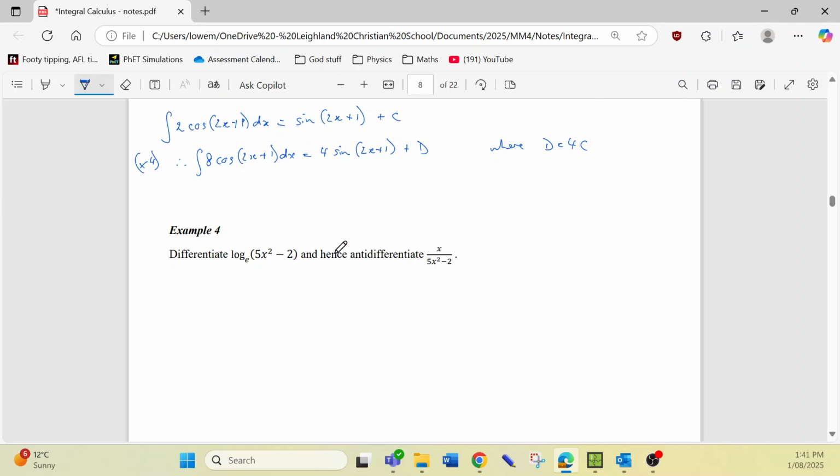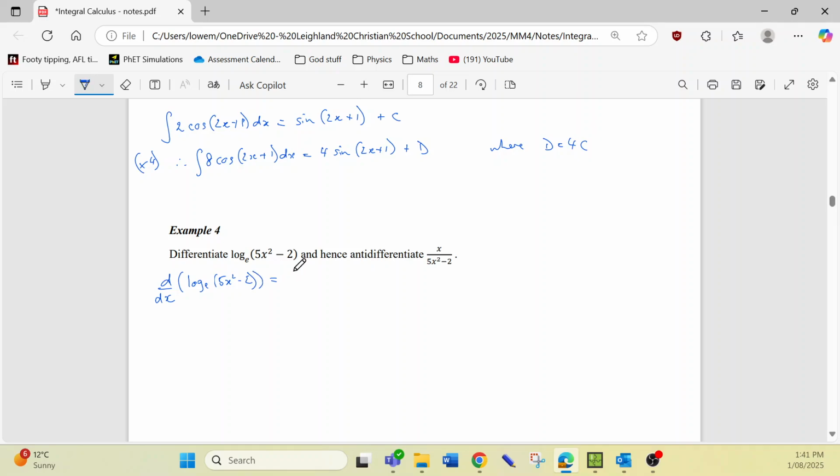Okay, so here we've got this one here. We want to differentiate log base e of 5x squared minus 2. So that's the derivative of log base e 5x squared minus 2.